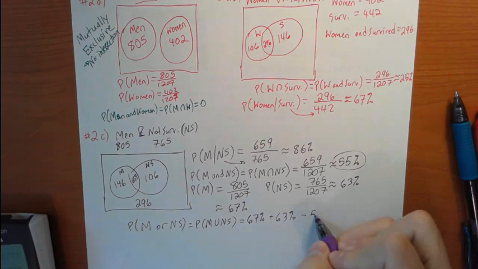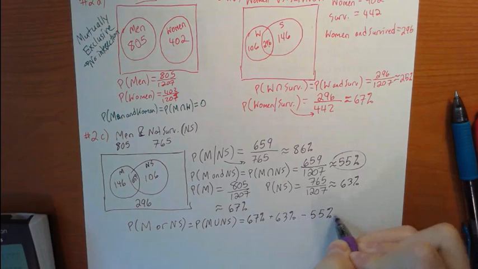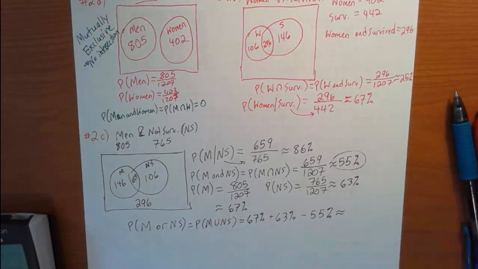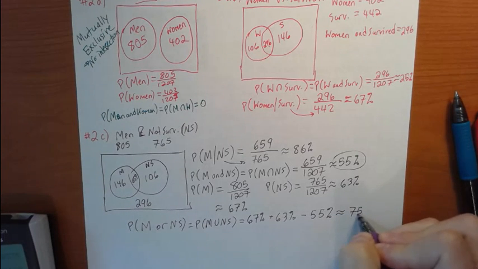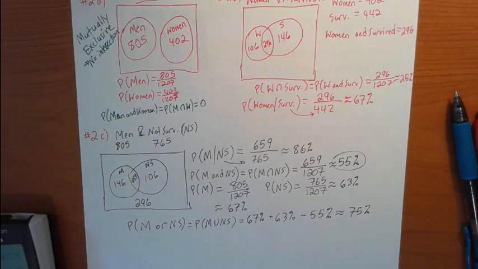So 67 plus 63 minus 55 ends up being about 75% chance of picking somebody who's a man or didn't survive in this particular Venn diagram. And that completes all 3 of these.